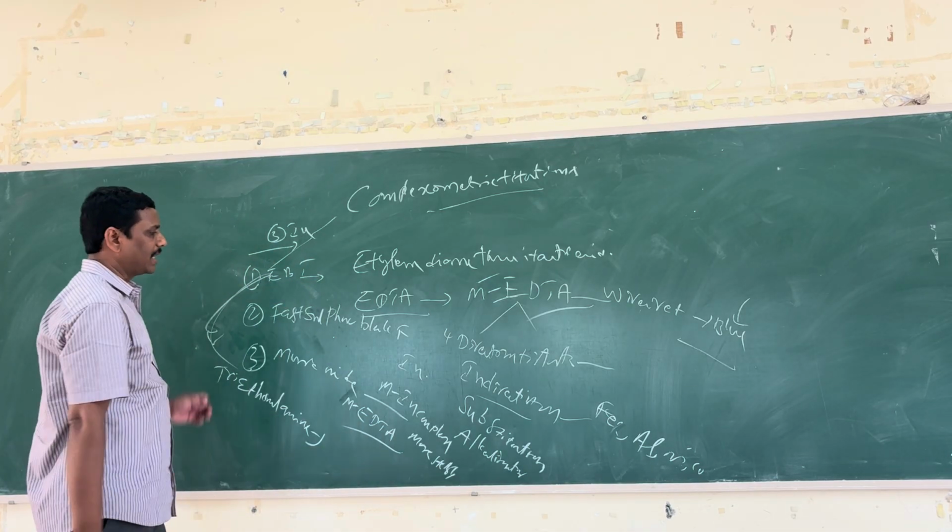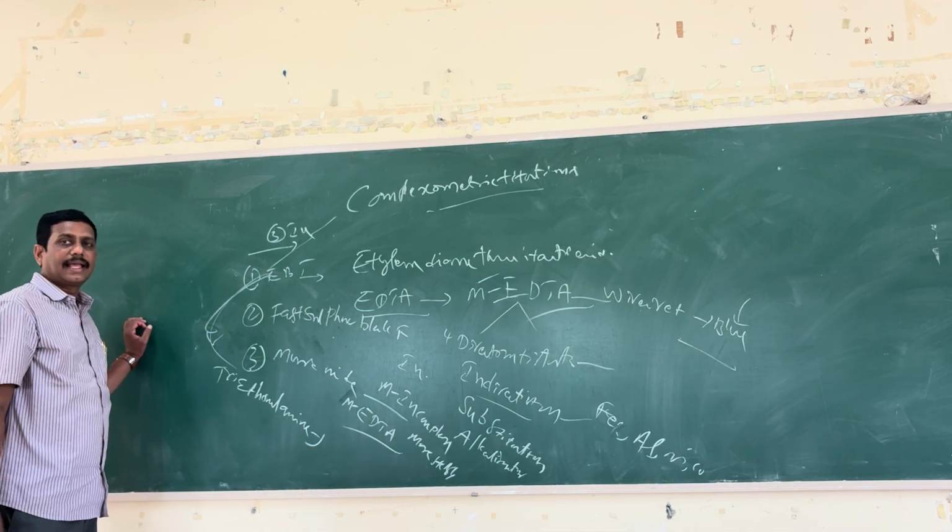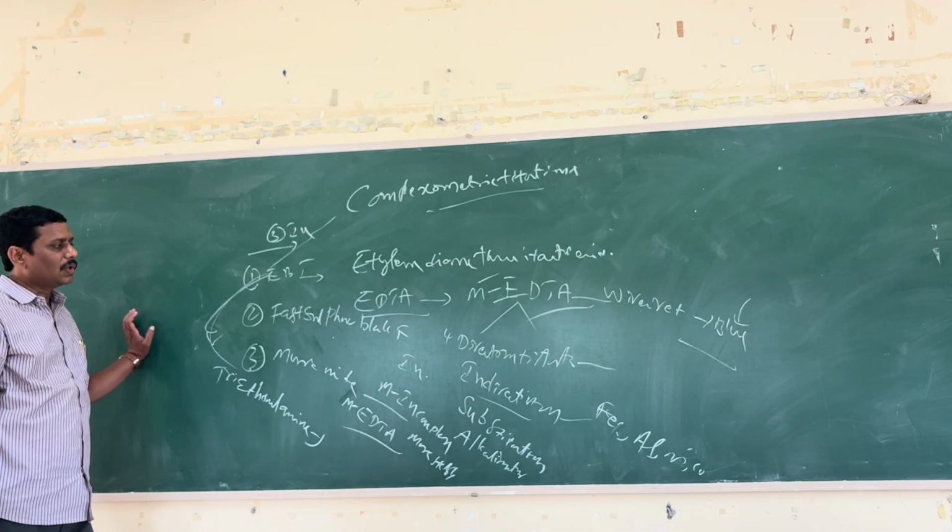Such metal ions cannot be determined directly, so they are determined by indirect titration.